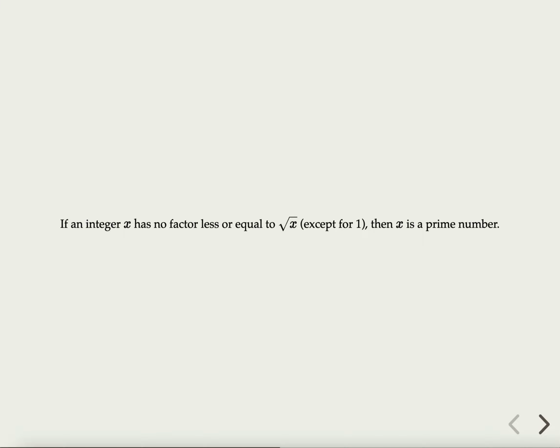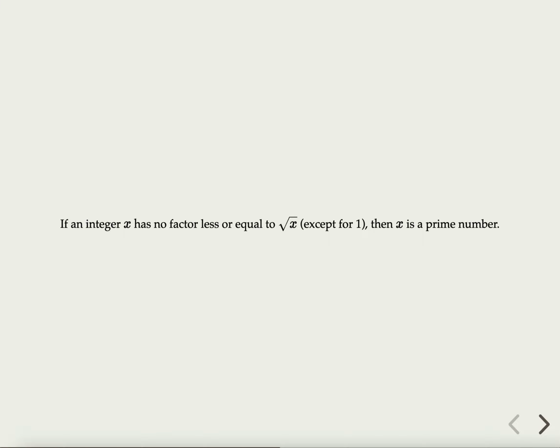This is because if x has a factor, it must have a factor no greater than the square root of x, because the remaining number would be x divided by that factor. So if you have two numbers whose multiplication equals x, one of them must be no greater than the square root of x.